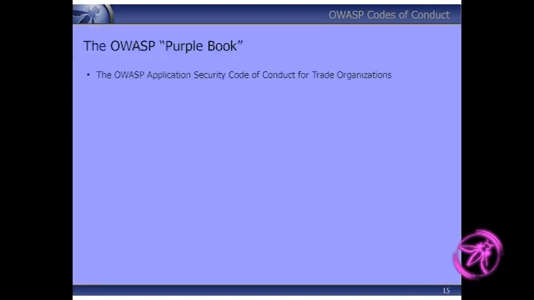The purple book, this is the one aimed at trade organisations. Obviously most businesses rely on their software applications, and trade organisations are in a pivotal position to perhaps drive their membership to improve their knowledge, awareness and robustness of their application security. So we see that trade organisations are a good way to try to leverage different sectors.